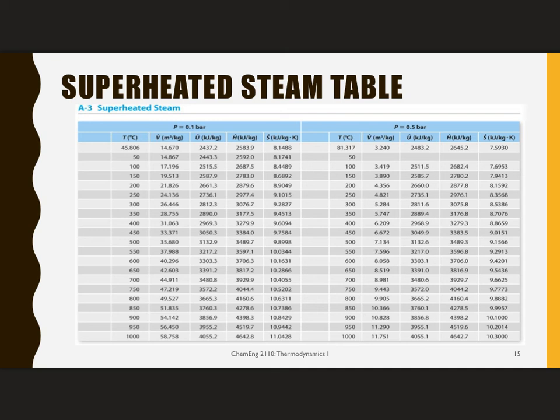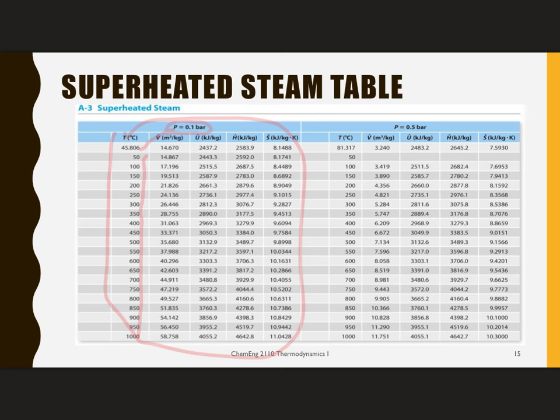When you move to the superheated or the compressed liquid tables, I said they were sorted by pressure. So this pressure applies to everything below this, and then they're sorted by pressure below that. The first entry is going to be the saturation temperature at that pressure, and then increasing temperatures from that with the volume, internal energy, enthalpy, and entropy for each one of those temperatures at that pressure.